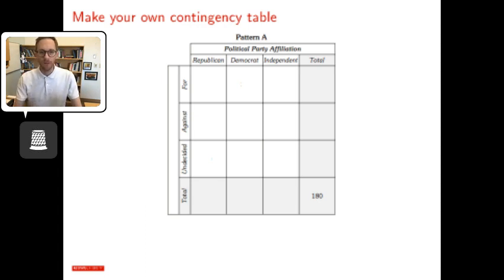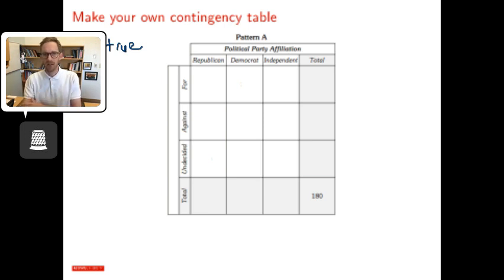So I'm going to go ahead and, in blue, write down what we might expect. If the null hypothesis was true, we know the null is that there's no relationship. So the expectation would be that they break down evenly across these categories of for, against, or undecided by Republican, Democrat, and Independent.